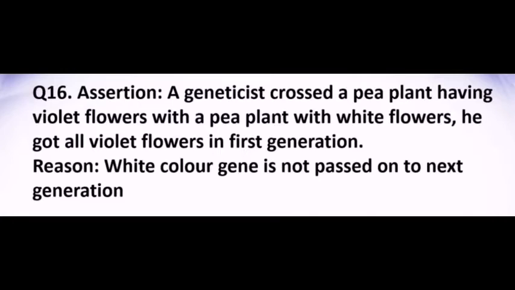Only the dominant gene, that is the violet color, is expressed in the next generation. So the reason given here is not the correct statement and it is not the correct explanation for the assertion. So you can choose the option C as the answer, that is assertion is true but reason is false.